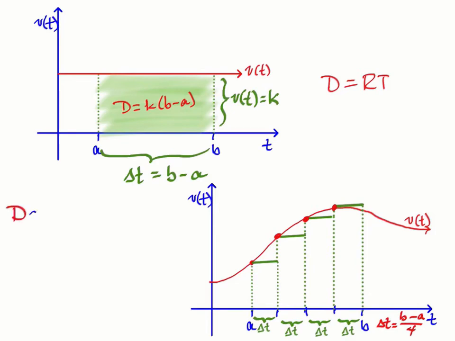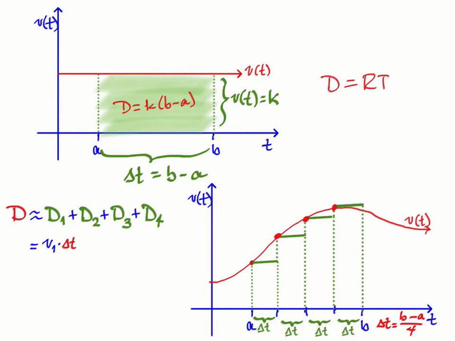So if I set up the approximation for the distance that I've traveled using this velocity function, it's going to be approximately the sum of 4 distances traveled on each of those subintervals. And the subintervals are all the same length, delta t. So it's going to be rate times time.